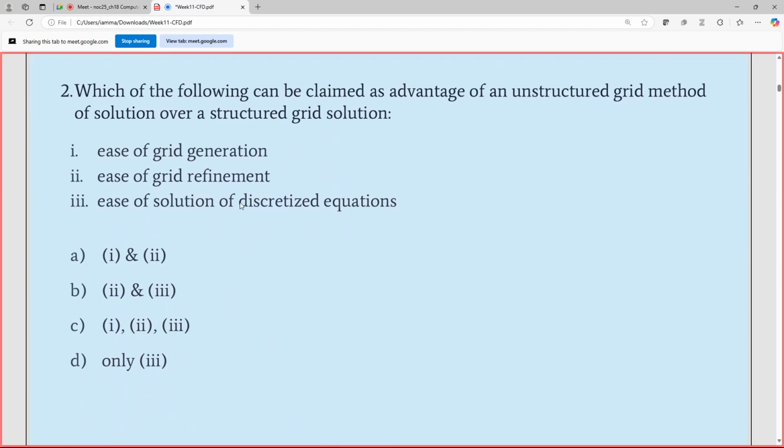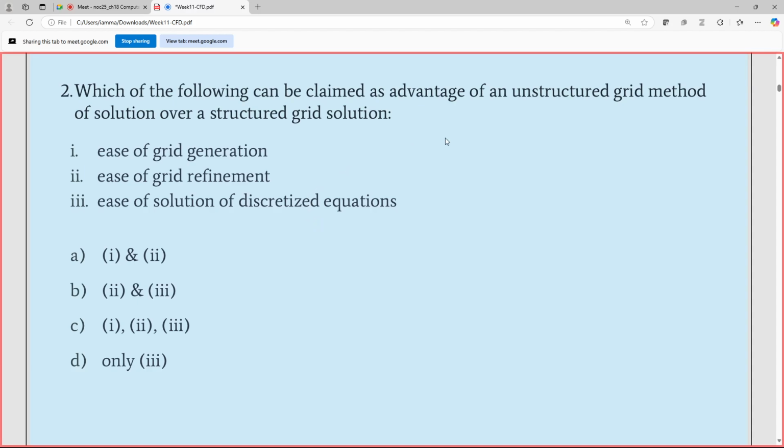Next question. Which of the following can be claimed as an advantage of the unstructured grid method of solution over a structured grid solution? The statements are: first one, ease of grid generation; second statement, ease of grid refinement; third one, ease of solution of discretized equations.